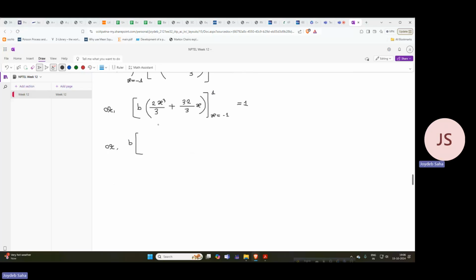Now if we put the value 1, 1 means 2 upon 3 plus 32 upon 3, minus, put the value -1, -1 means this will be -2 upon 3, and this will also be -32 upon 3 is equal to 1, right? Fine.